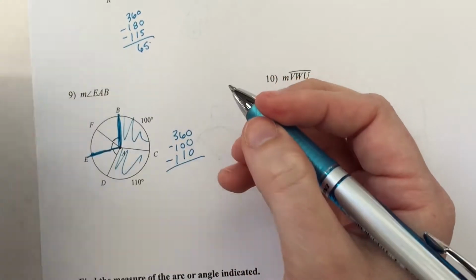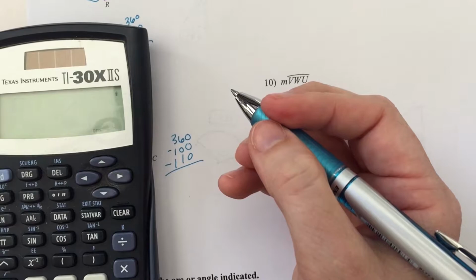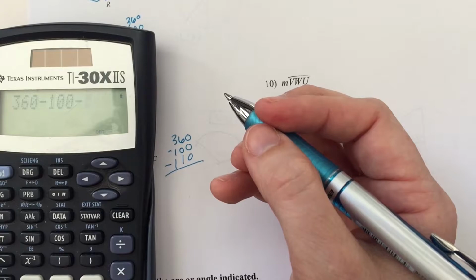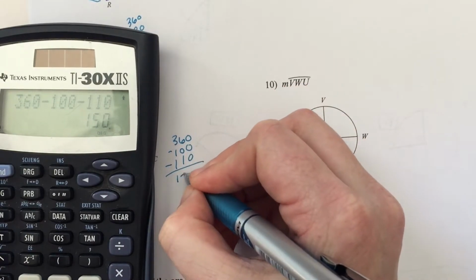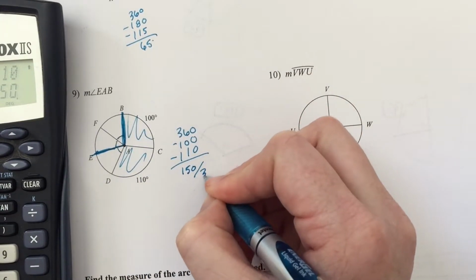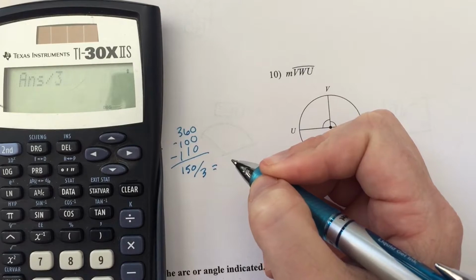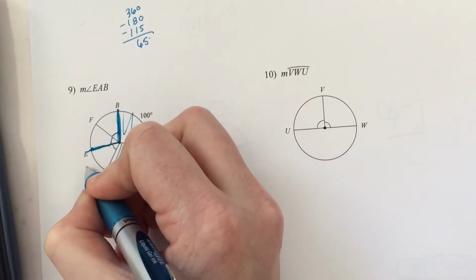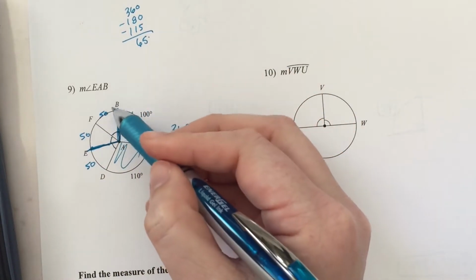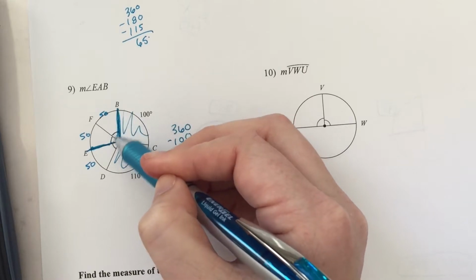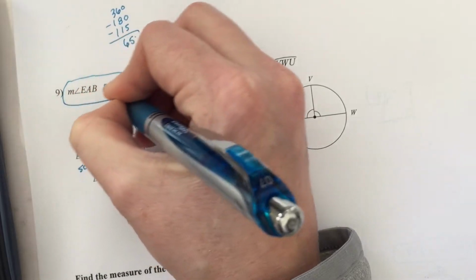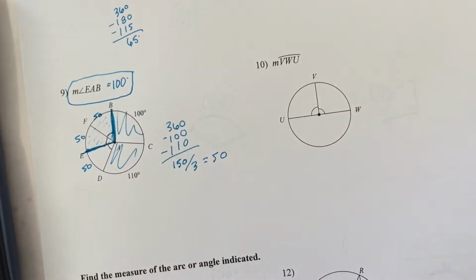And that will give me 360 minus 100 minus 110 gives me 150, and then I need to split it into 3 equal parts. Divide by 3. So I get that this is 50, this is 50, and this is 50, which means E, A to B, this section together, is 100. Because I just add those two up.